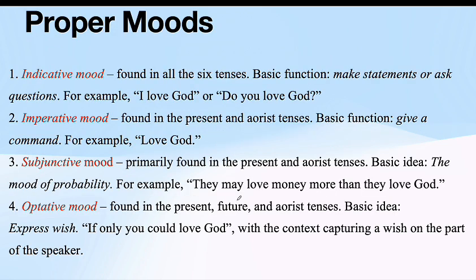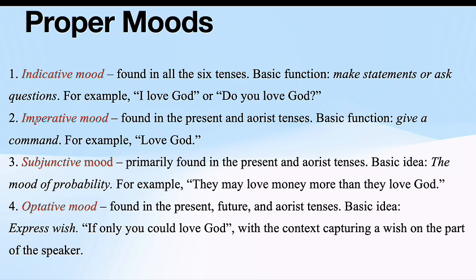Proper moods. The verb in Greek might be stated in these 4 manners or moods. Indicative mood. This mood is found in all the 6 tenses. Remember the 6 tenses? The present, the perfect, the imperfect, the future, the aorist, and the pluperfect.